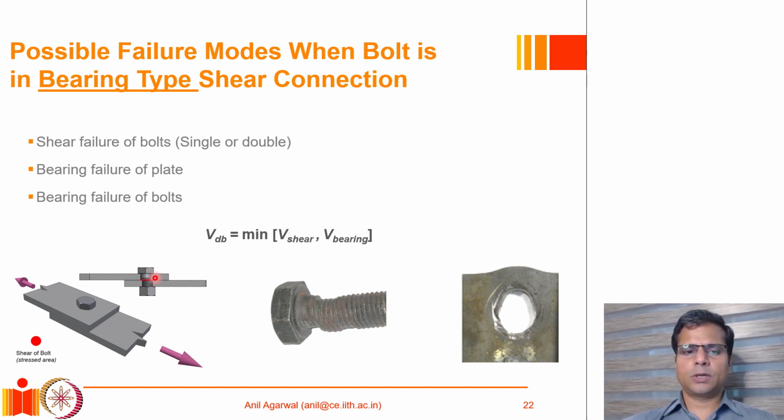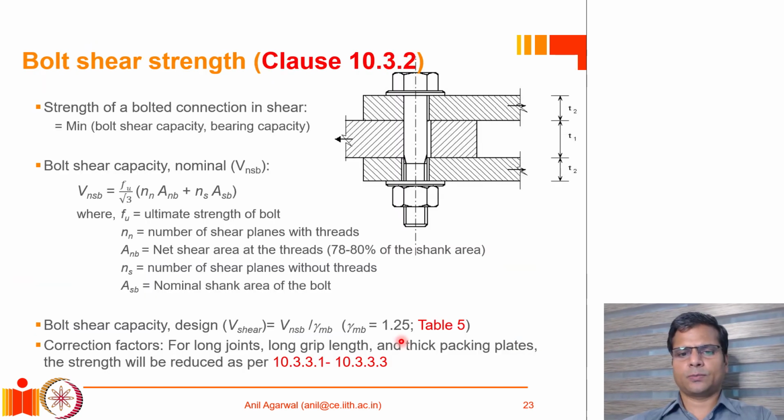First we will talk about how to calculate the shear strength of a bolt, and the net strength of the bolt will actually be the minimum of the shear strength and the bearing strength of the bolt. When the bolt is subjected to shear force, you can imagine that this is a circular round surface which is subjected to shear force demand, and the shear strength of that surface would be given by the ultimate stress in shear multiplied by the cross section area.